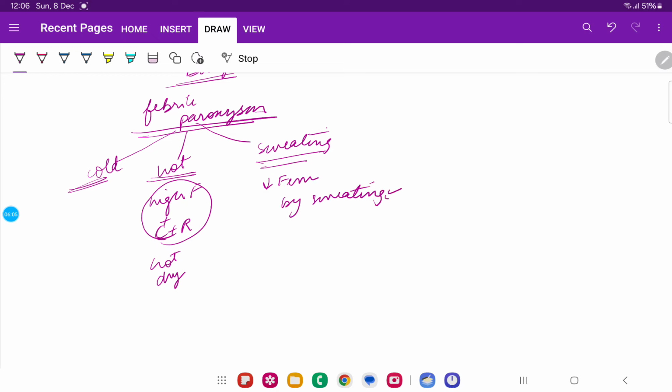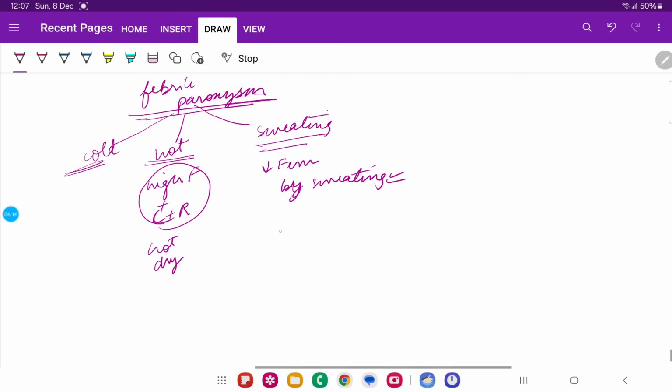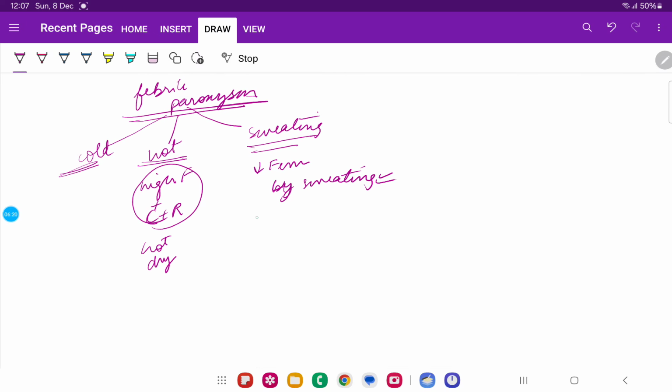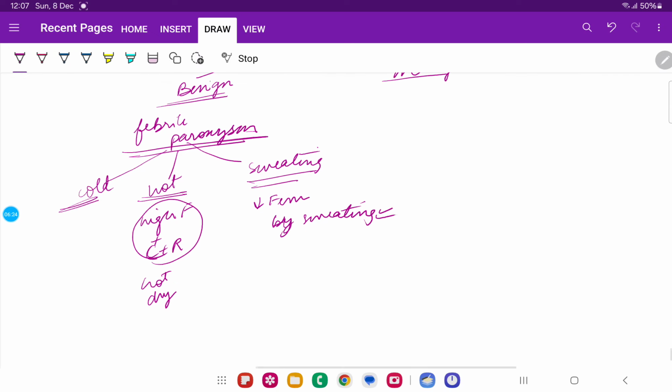Profuse sweating will be there. The patient will feel a bit of relief, but still the fatigue and tiredness will be there. Here the skin will be wet and cold. So this is febrile paroxysm.